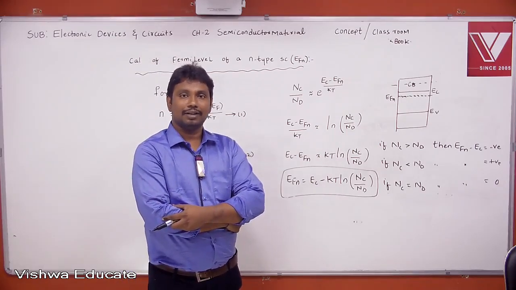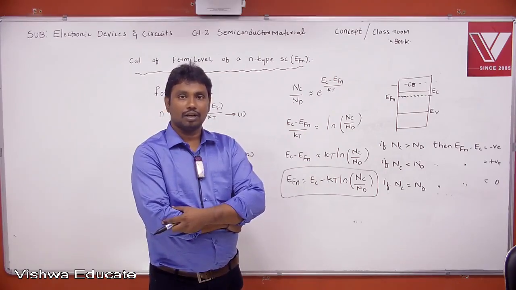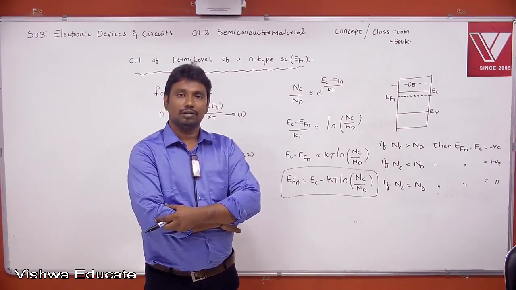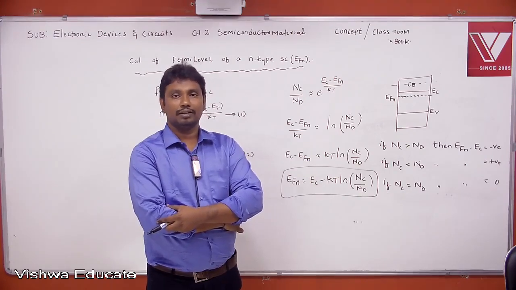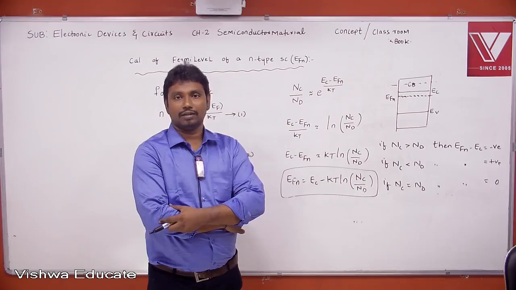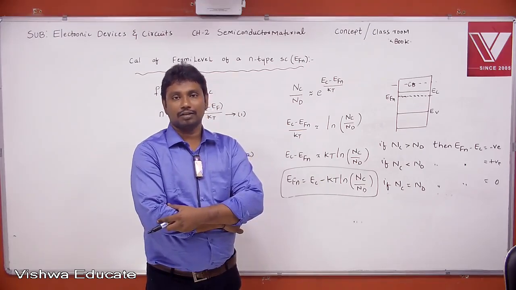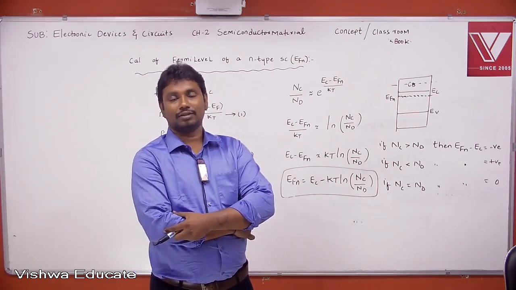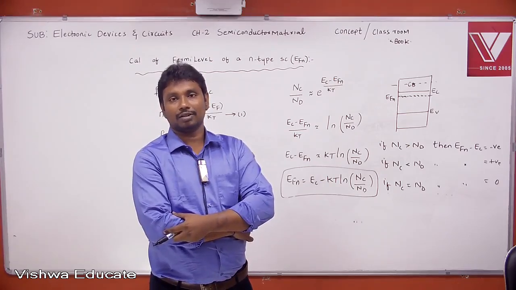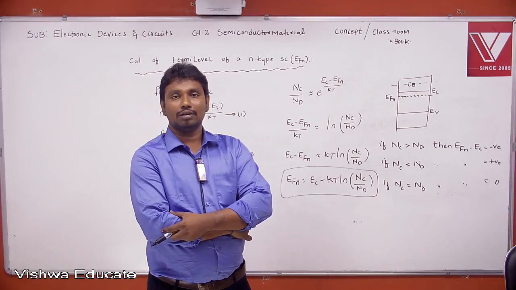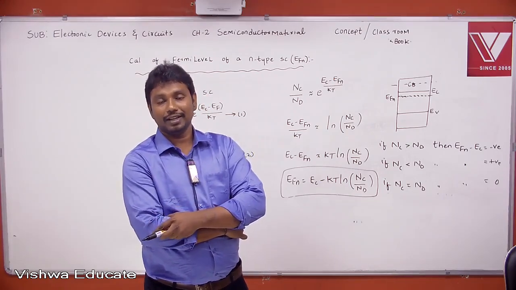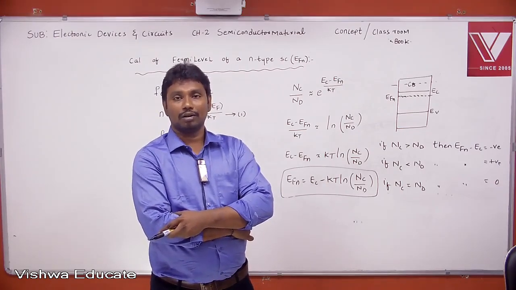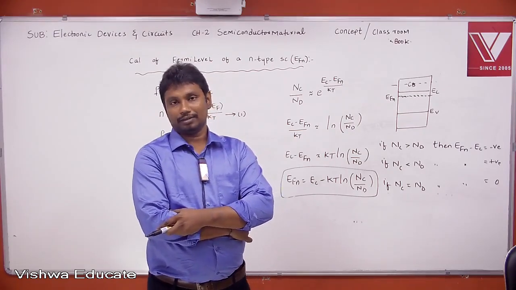Conclusion. Right. The n-type semiconductor in which the Fermi level lies within the conduction band, or coincides with the conduction band, such a semiconductor is called a degenerate n-type semiconductor or heavily doped n-type semiconductor.